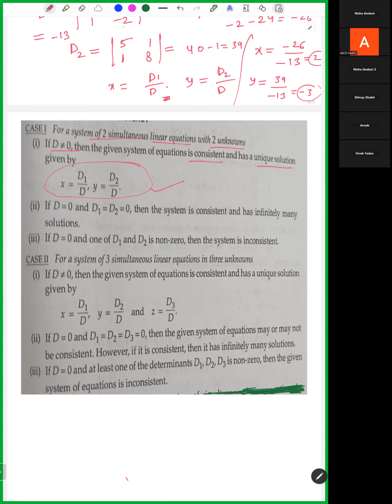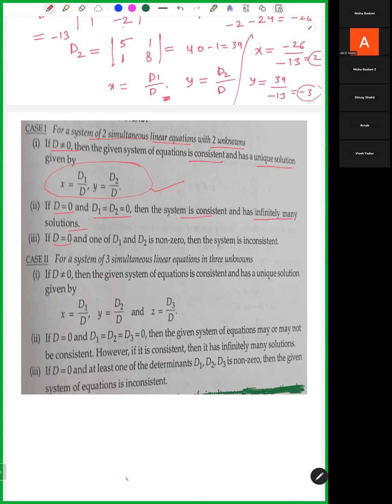But what happens when D is 0? So you can see that in point 2 and 3, if D is 0, then what happens? If D is 0 and both D1 and D2 are also 0, then the system is consistent and it has infinitely many solutions.